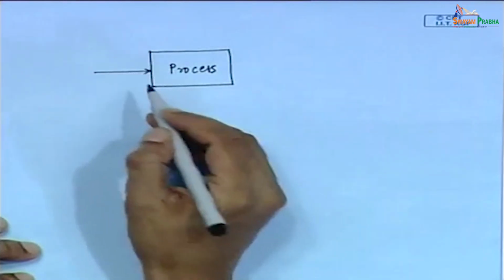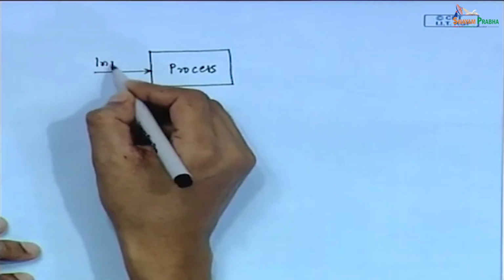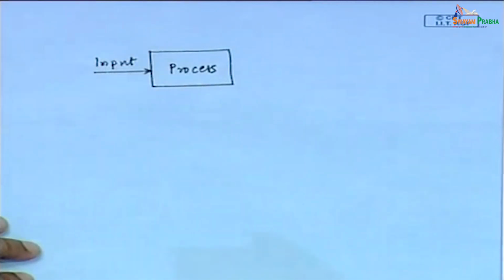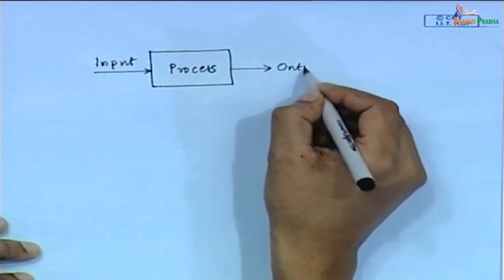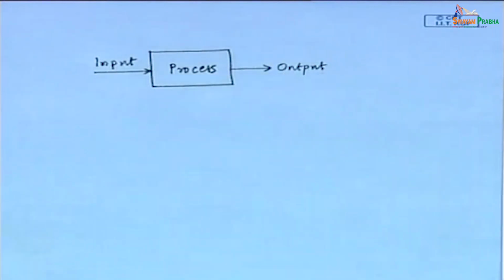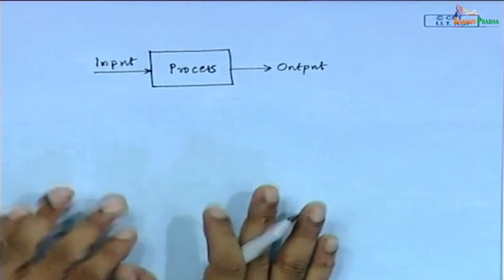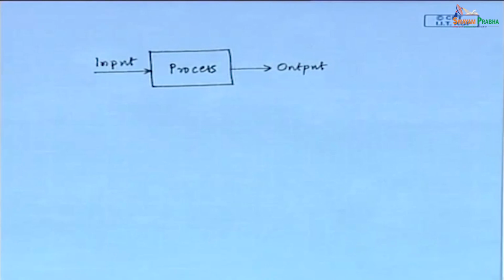This is the input to the process and this is the output. Fine. Now, suppose initially the process is at steady state. We want to investigate the transient behavior of this process. We want to observe the dynamics of this process.